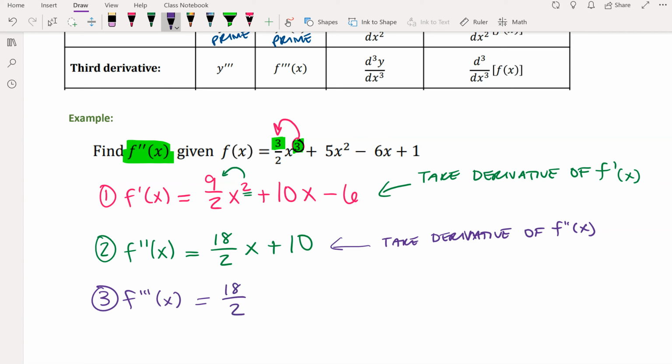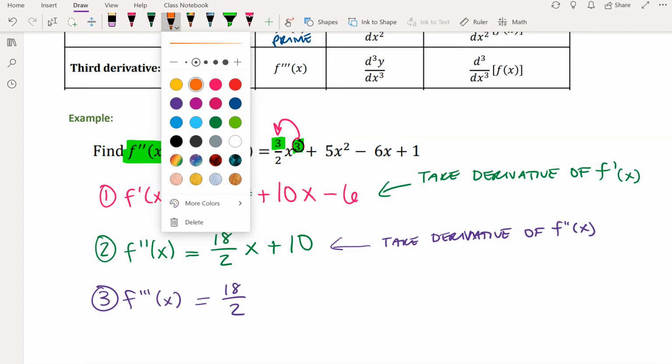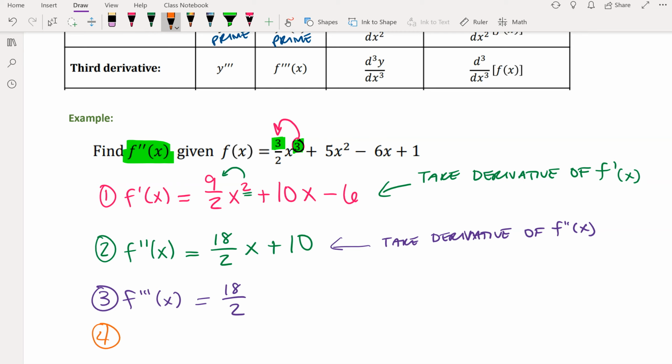And the fourth derivative would be 0, right? Oh my gosh. I could keep going. I'm so excited. I just want to keep taking derivatives. Y'all, wait. We got to get to 0. The fourth derivative, 1, 2, 3, 4, equals the derivative of this constant, which is 0. Okay. You all get it. Higher order derivatives exist. They're a thing, and you can take them. And now you're going to practice.